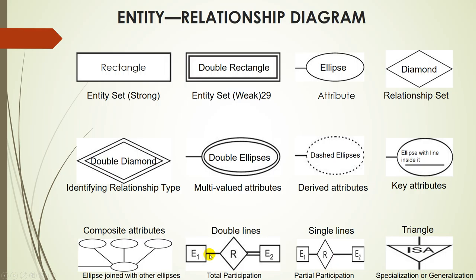So if entity 1 relates with entity 2 and the relation is 1 to n, or 1 to many, then for each record of E1 in this relation we will see all related records. We say this is total participation. But in this shape, only the first item will show.